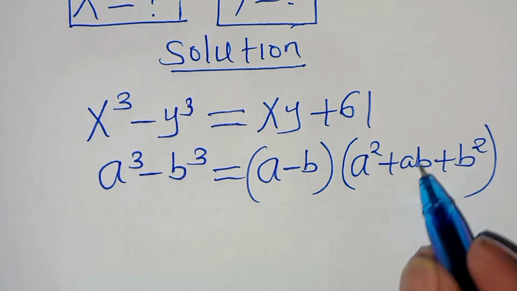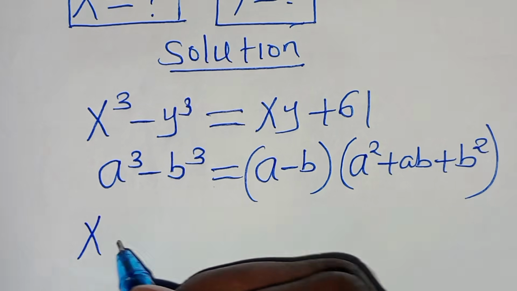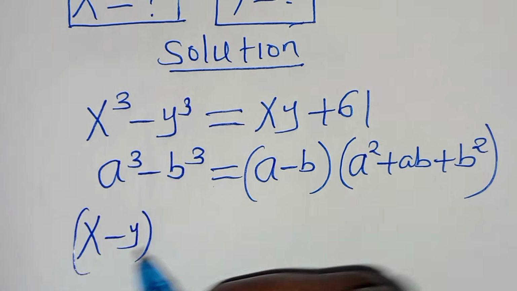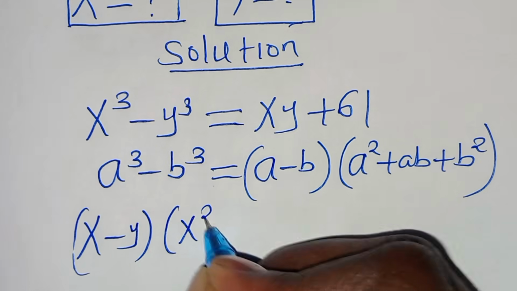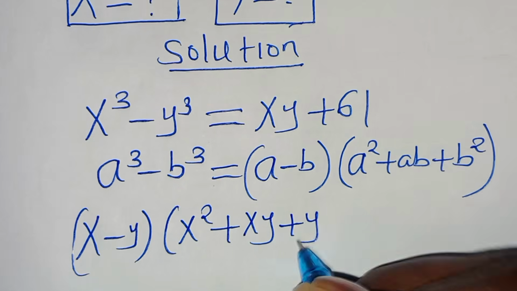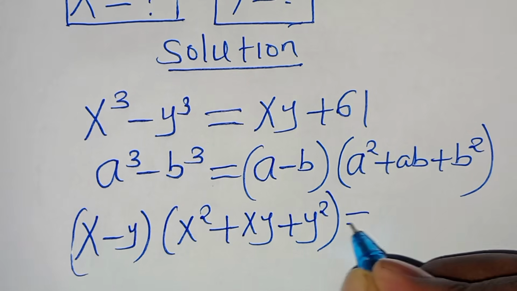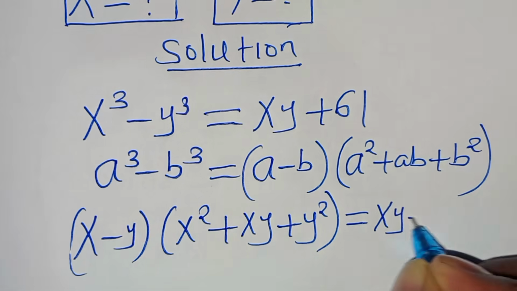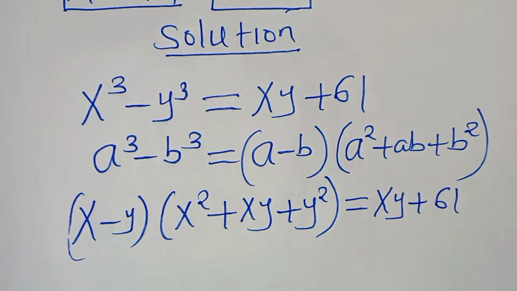Applying this identity, we have (x minus y)(x to the power of 2 plus xy plus y to the power of 2) equal to xy plus 61.